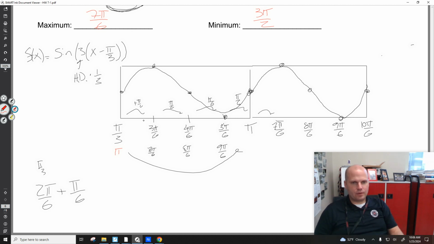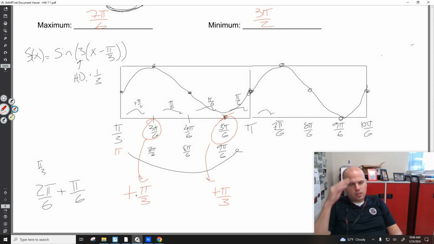We could have said here and here are our max and minimum values. Add your period of pi over 3. Add your period of pi over 3. That's adding 2 pi over 6. Your period is 2 pi over 3.